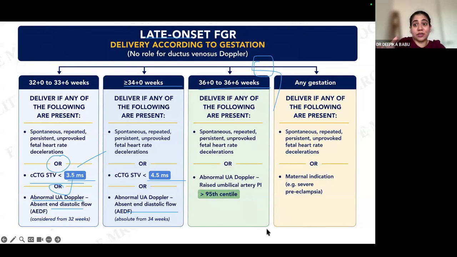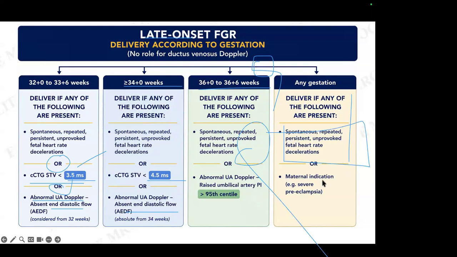But she's already 36 weeks, so we don't have that much of a window for her. Call her back in 2 to 3 days, get the computerized CTG done for her. And then you have to plan her delivery before 36 plus 6 weeks. So in this week itself, she has to deliver. That is one question that you have to practice. But at any gestation for that matter, repeated provoked deceleration needs admission.